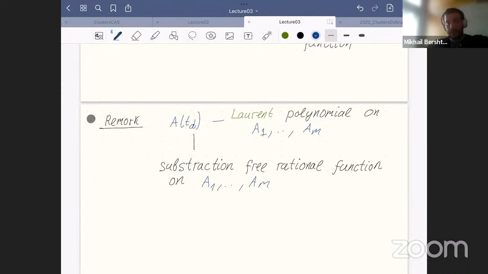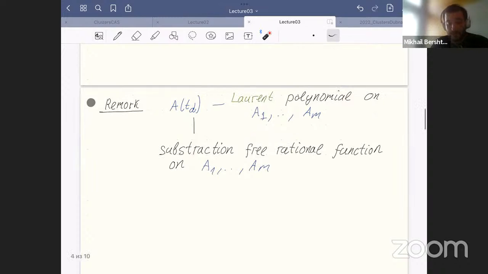So we mutate step by step, and in each step, we have a subtraction-free rational function. We sum them, divide them. It's natural to guess, looking at these two statements, that there is a statement which unifies them.